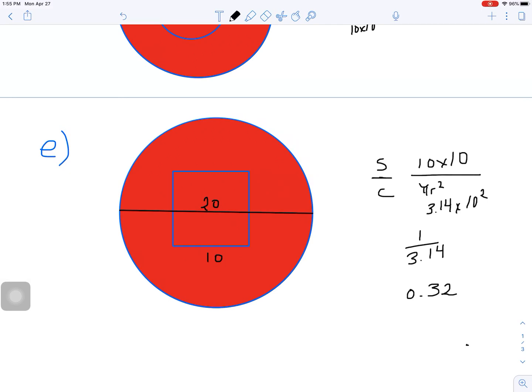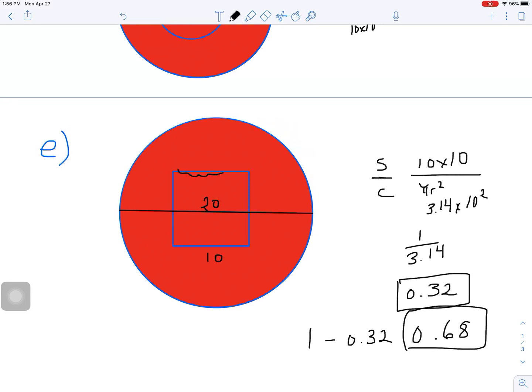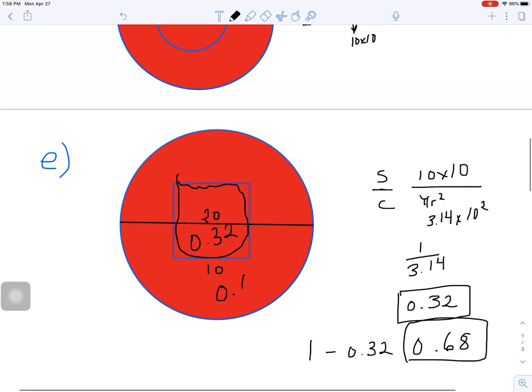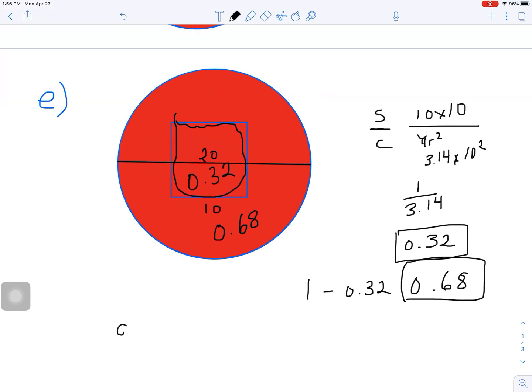So if we grab the whole as being the 1, we go 1 subtract 0.32, we get an answer of 0.68. So that means that the probability of it landing in this square over here would be 0.32. The probability of it landing in the larger circle would be 0.68.